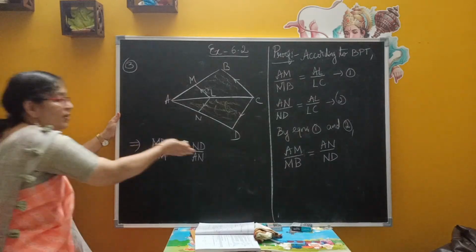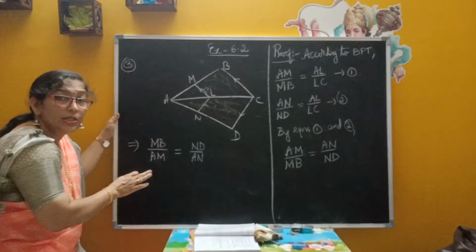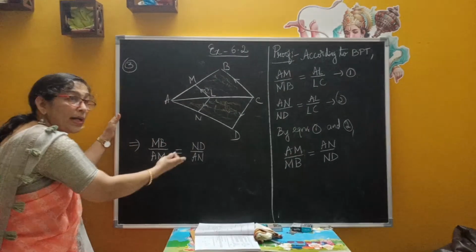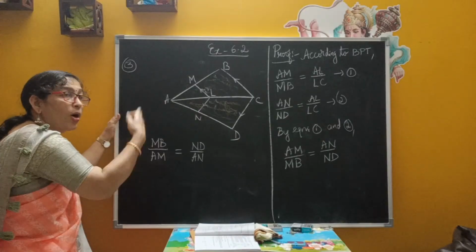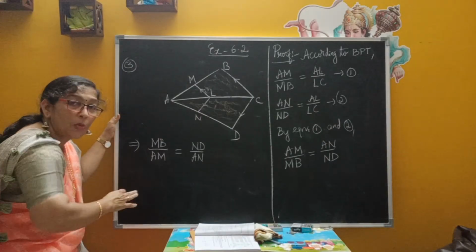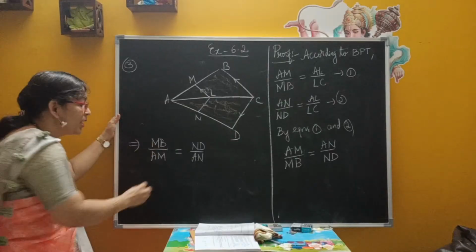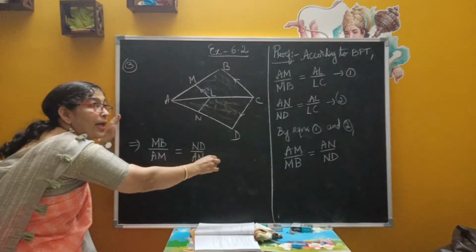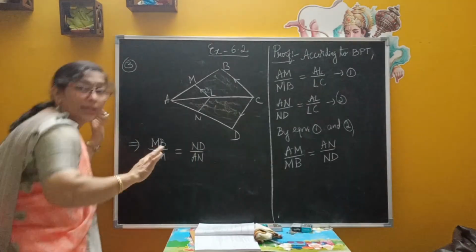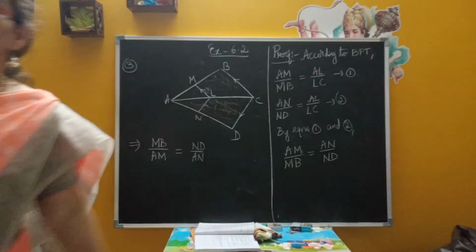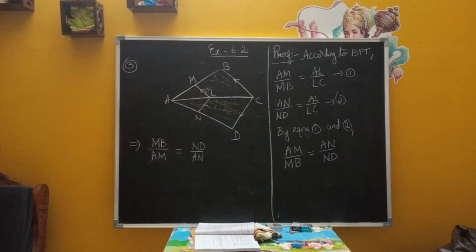So suppose when we have two ratios or two fractions, if you add or subtract any number on both the sides, the result remains unchanged. Now suppose we add 1 on both sides, the result does not change. In the same way, if you subtract any number from both sides, the result does not change.